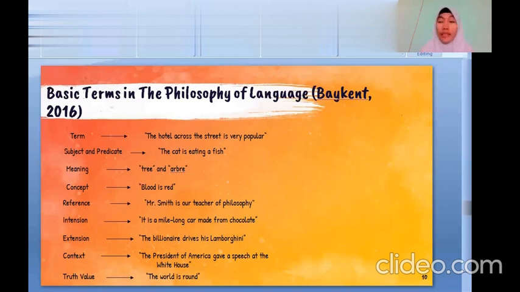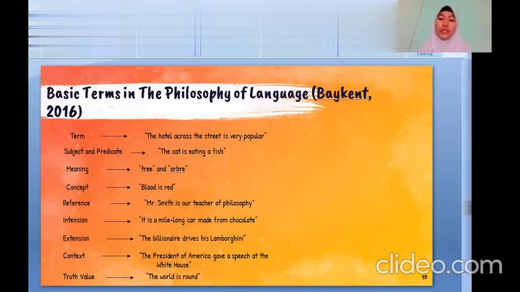The President of America that we know is the speaker. The question is who is the speaker, and the answer is the President of America. And the next question, where is the President of America? The President of America is in the White House.